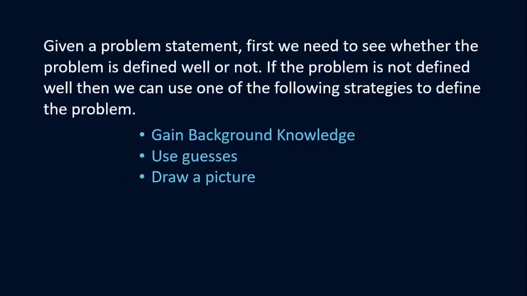These strategies. If we read the problem, if it is defined, then it's okay. If the problem is not defined well, then we can use one of the following strategies to define the problem. These are: gain background knowledge, use guesses, draw a picture.